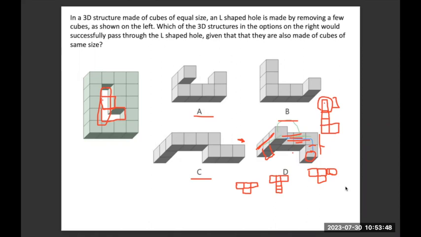Any doubts, any questions in this one? That's why all answers A, B, C, D are correct. Okay, we'll move to the next one.